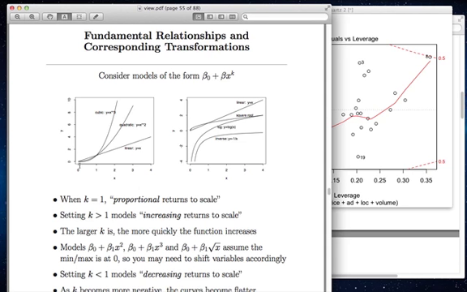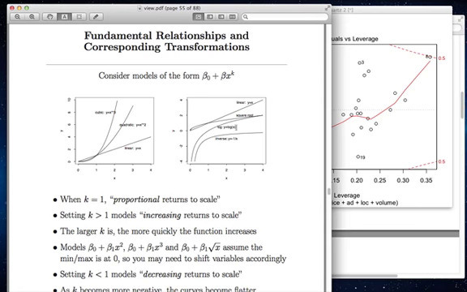If we look at a change in x from 0 to 1, that's the run. The rise is pretty small. However, if you go from 3 to 4, well, the change in the curve is much greater. So the change in y increases as x becomes larger. That's increasing returns to scale.